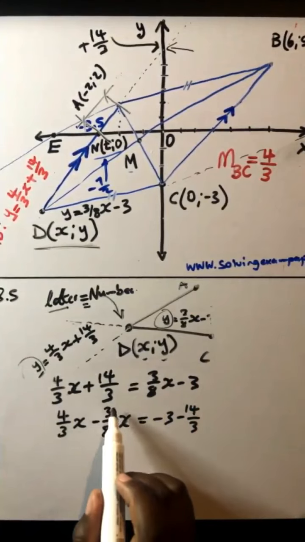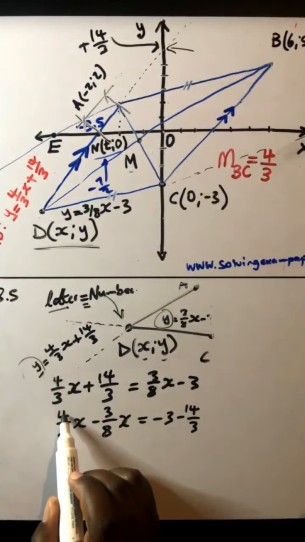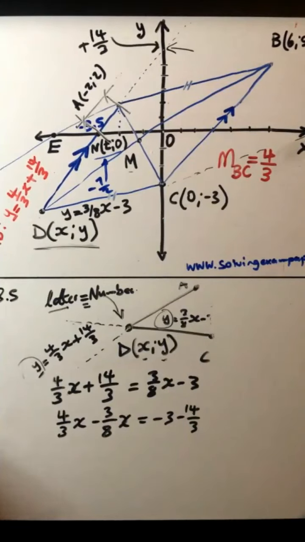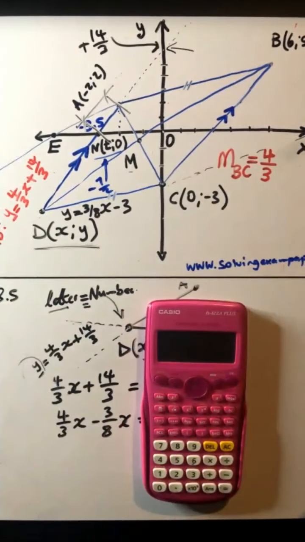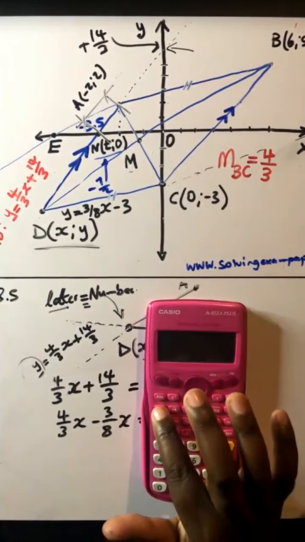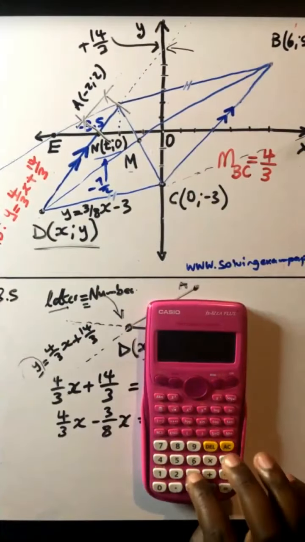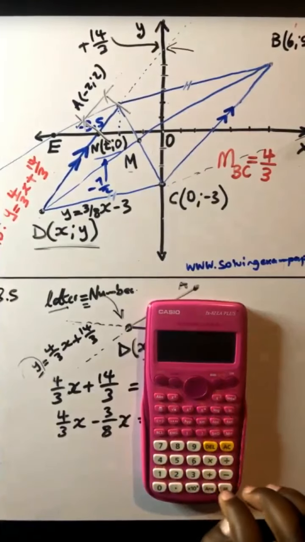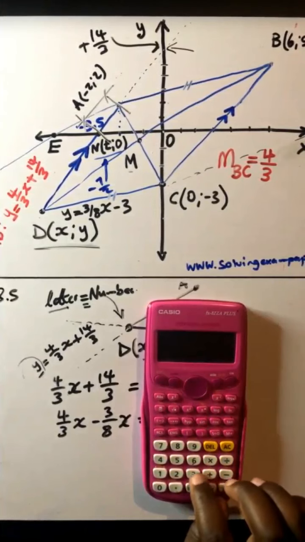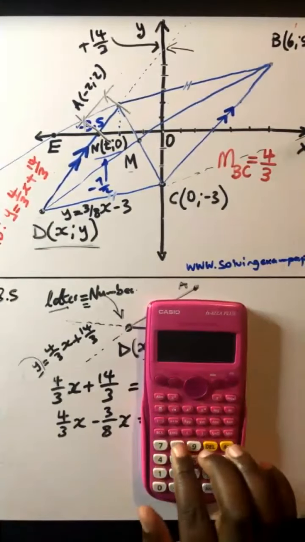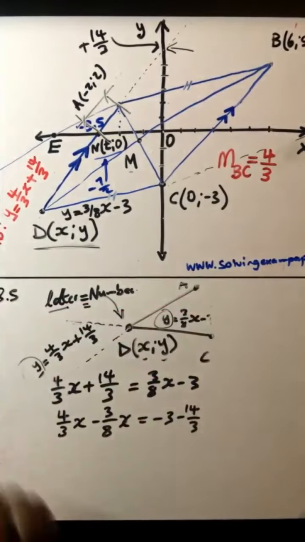Then we punch all of this on a calculator. It's very important that you have a calculator which has a fraction button. So we say fraction button 4 over 3, then plus minus 3 over 8. It equals, I'm getting 23 over 24.